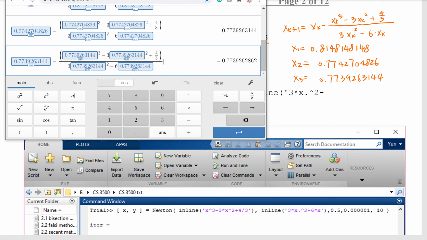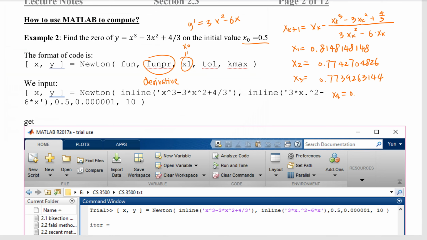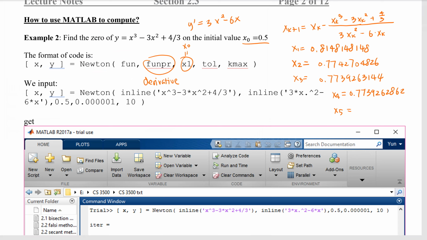You see the convergence. The numbers are getting closer to each other. The 26 before is the same, and then the last digit 2862. All right, one more. Oh, do you see we have the same answer? Oh, it converges in the 5th step.